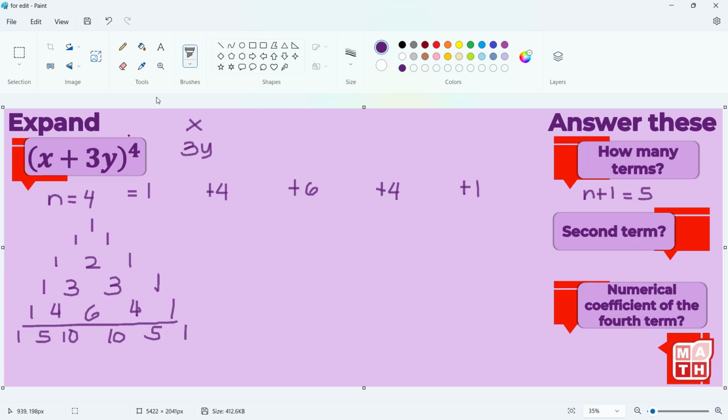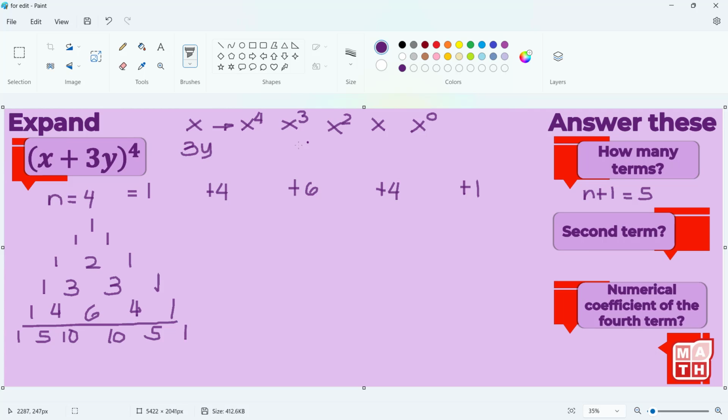For our first term, which is x, its highest exponent should not exceed 4. So it's exactly 4. And then we decrease the exponent: 3, 2, x to the power of 1, or just x, since we don't need to write the 1 there. And we have x to the power of 0, which is just equal to 1. So we are done with the exponents of the first term.